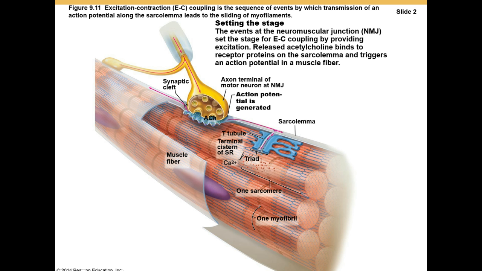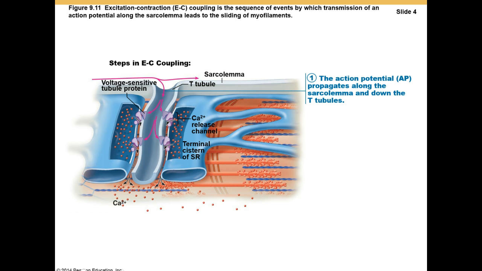So here we see setting the stage for contraction. We had the events associated with excitation at the neuromuscular junction, and now we've got to spread this across the sarcolemma, down the T tubules, and allow the release of calcium from the sarcoplasmic reticulum. So we have the change in electricity spreads across the sarcolemma. The T tubules are really an extension of the sarcolemma.